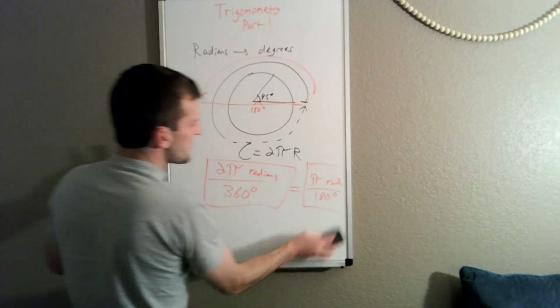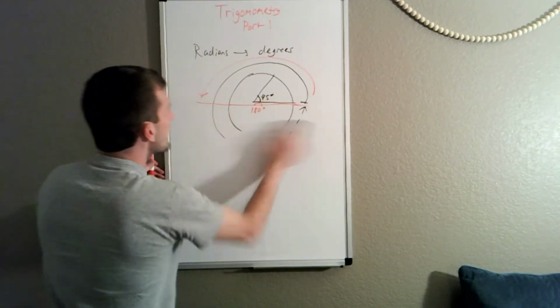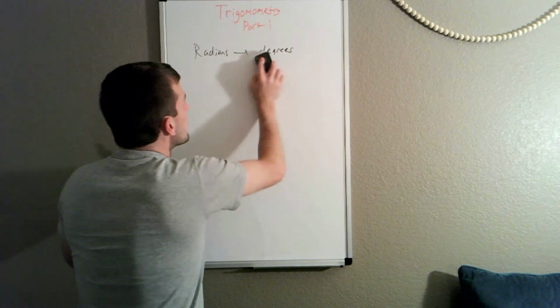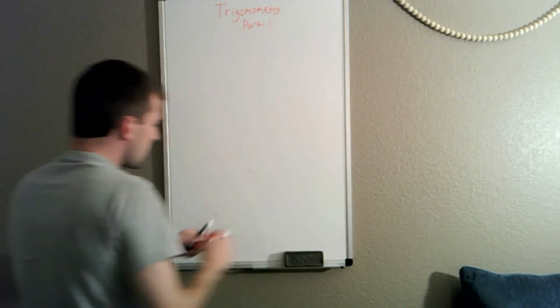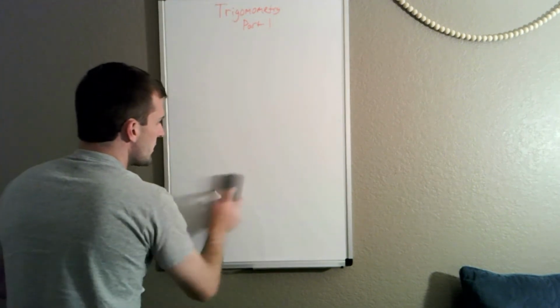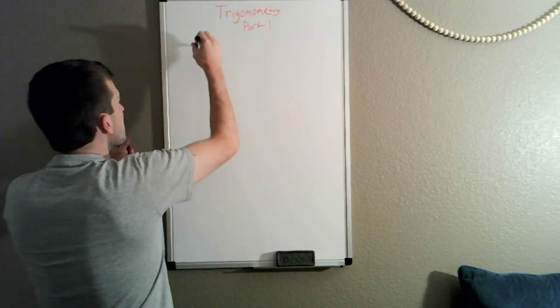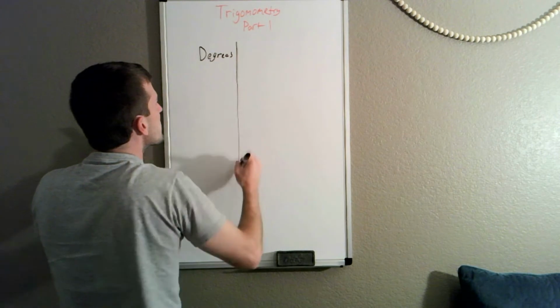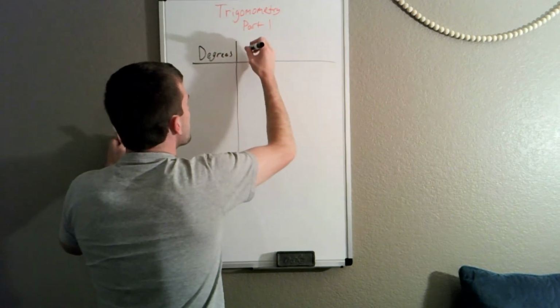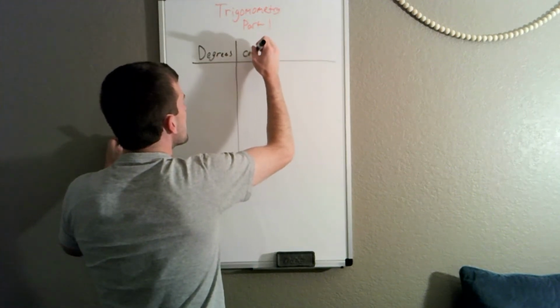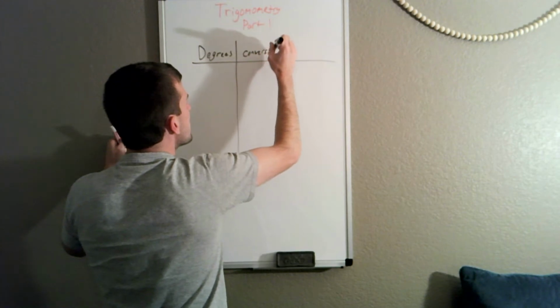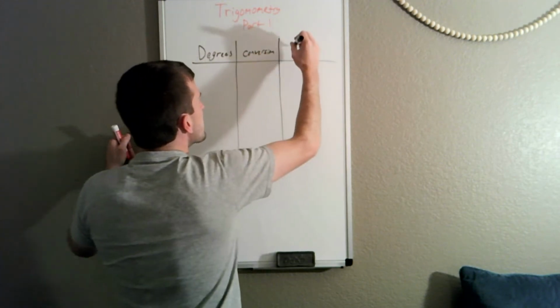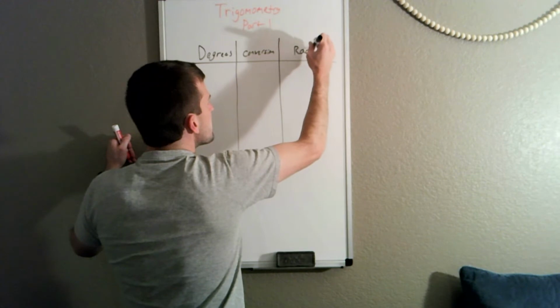So let's put this to the test a little bit and make a couple conversions. So I'm going to make a table of degrees, conversion, and radians.